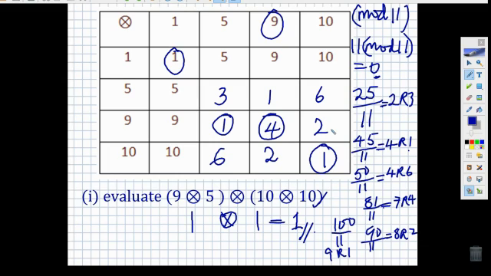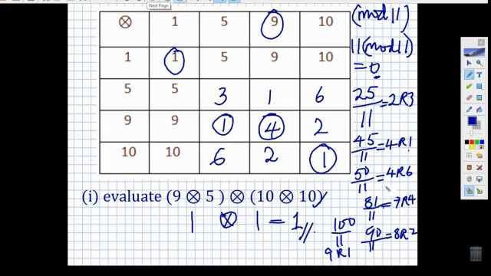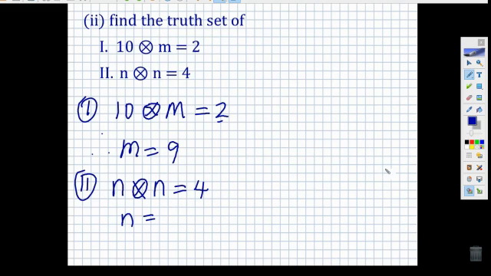No. So the truth set of that is n equals 9. n equal to 9 is also the correct answer to the question. Thank you for viewing.